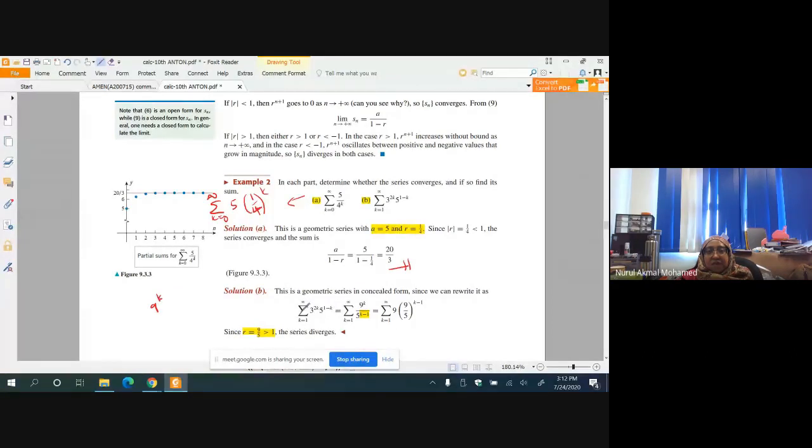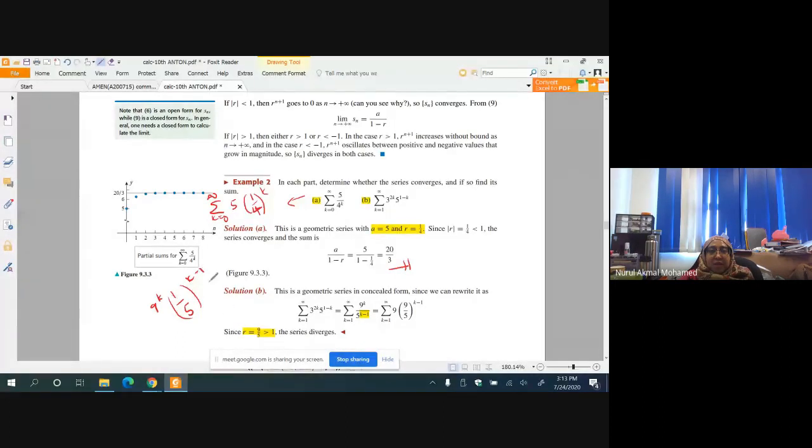And then you divide by, here 1 minus k means that it is 1/5 to the power of k minus 1.